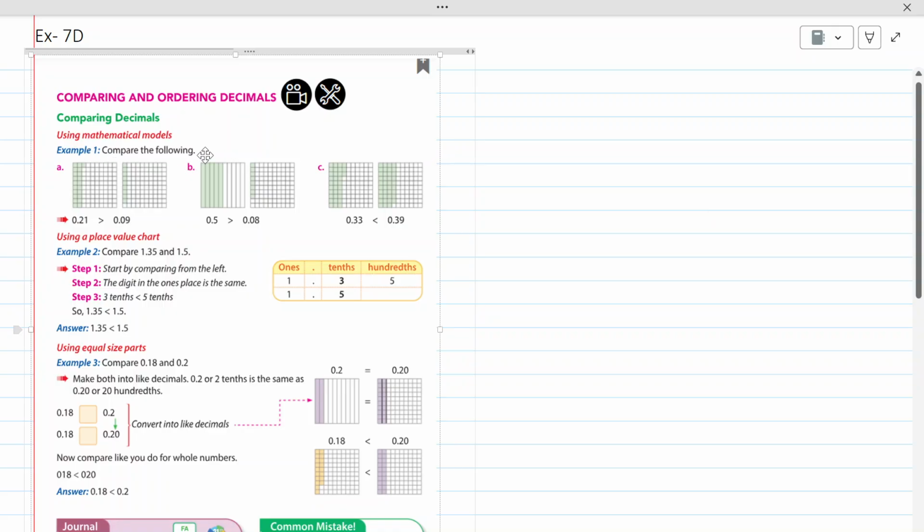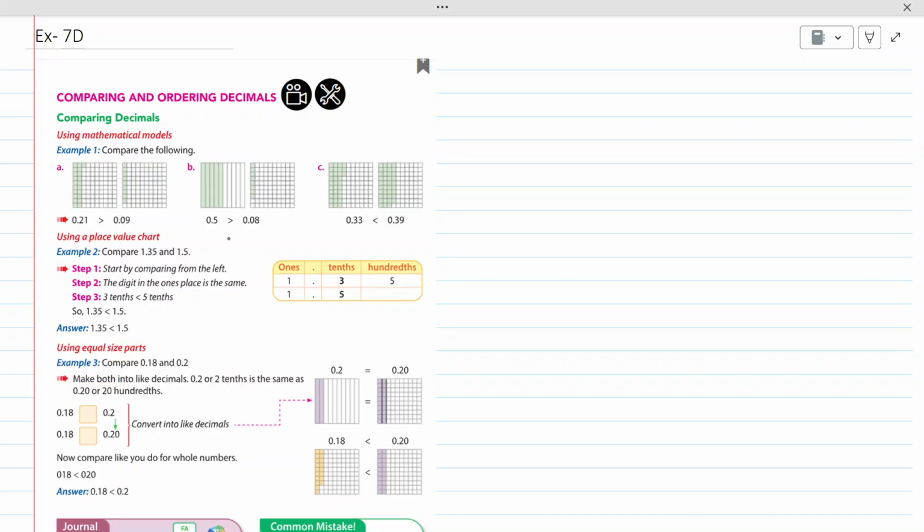The first is using the mathematical model here. If you see the first example, 0.21 and 0.09 are the two given numbers. 0.21 can be represented like this. We have 2 tenths and 1 hundredth, and here we have 0 tenths and 9 hundredths. From the figure, it is very well seen that 0.21 is greater, right?